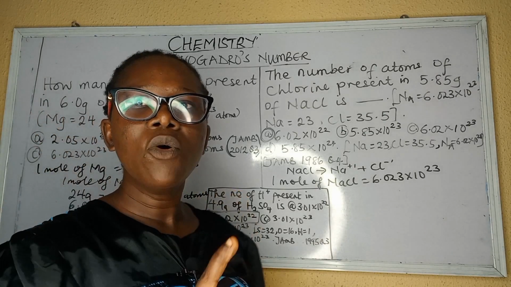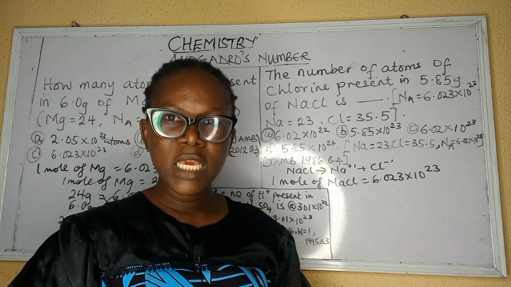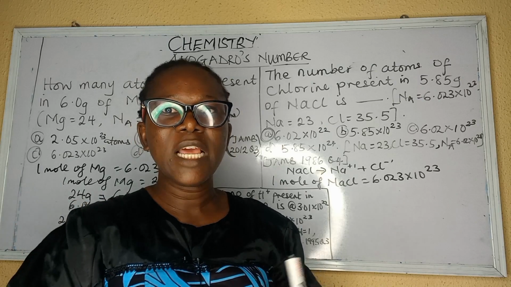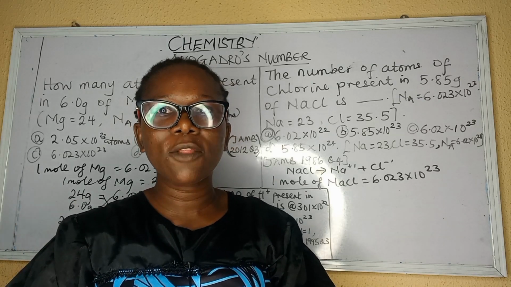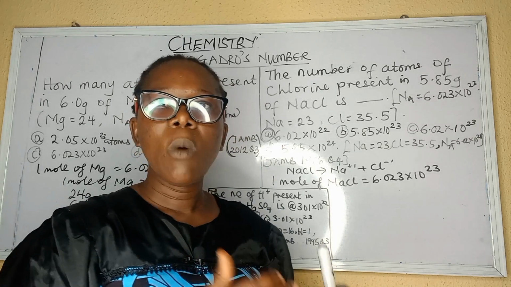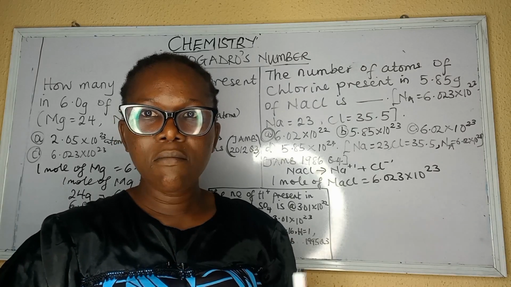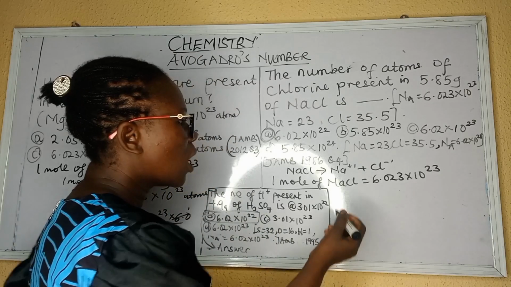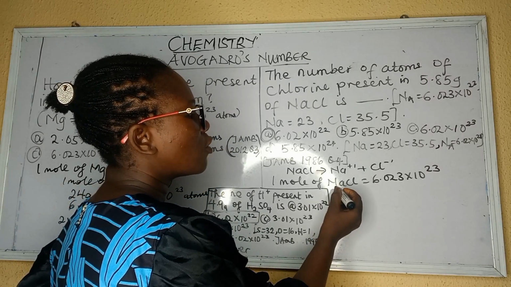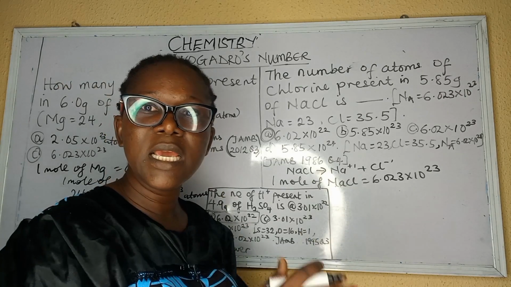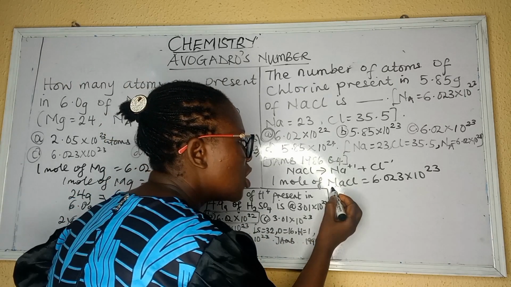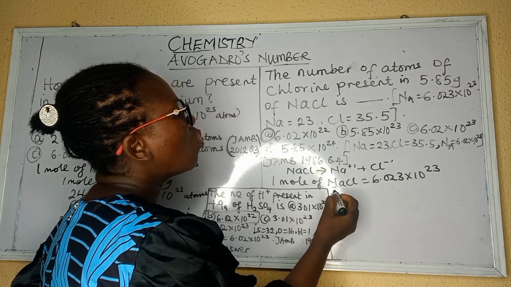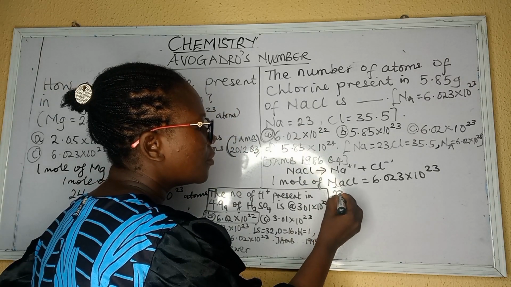Now take note, 1 mole of any compound is its molar mass, just like 1 mole of any element is its atomic mass or mass number. 1 mole of any compound is its molar mass. So we need to work out the molar mass of sodium chloride by adding the atomic mass or mass number of each of the elements. Sodium is 23.